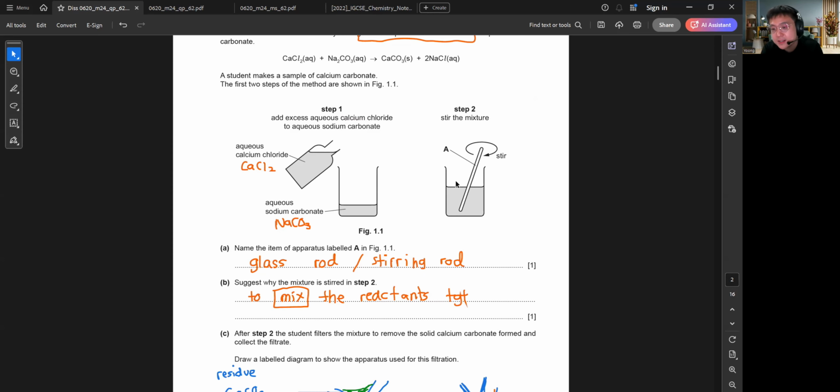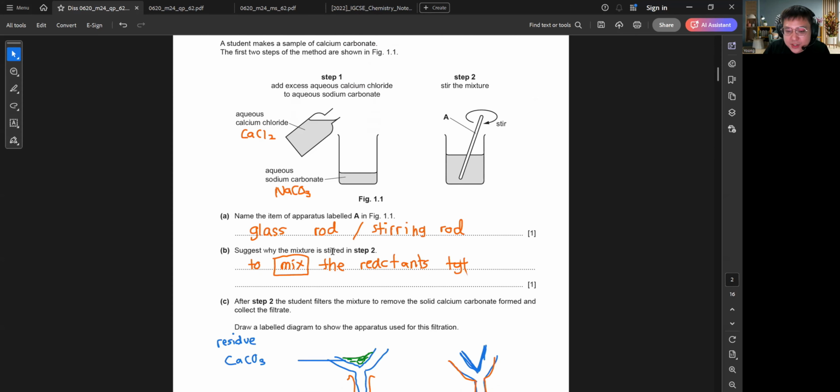And what I recommend is students have a special notes for paper 6, because the stuff that they ask in paper 6 is mainly different from paper 4 and paper 2. Okay, so this one, if you have your list, you should know that this rod is a glass rod, or what we call stirring rod. So you just write the name in and it's that easy. Okay, you get the marks.